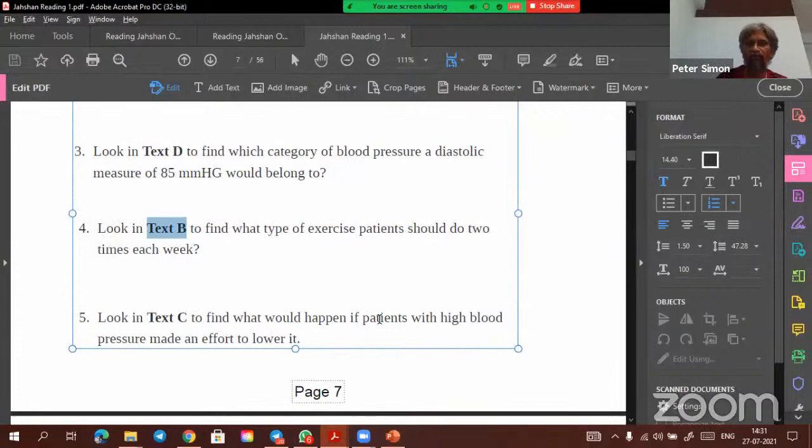And what would happen if patients with high blood pressure made an effort to lower it? If they reduce, what will happen? Then you have to go to text C. Like that you have to see.